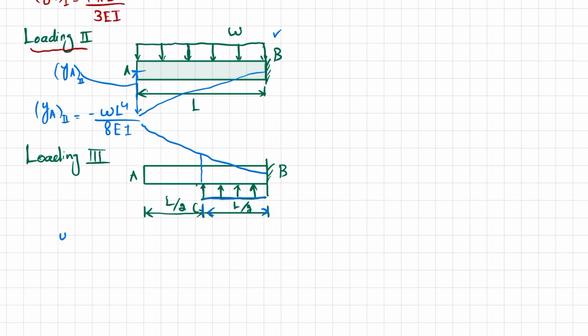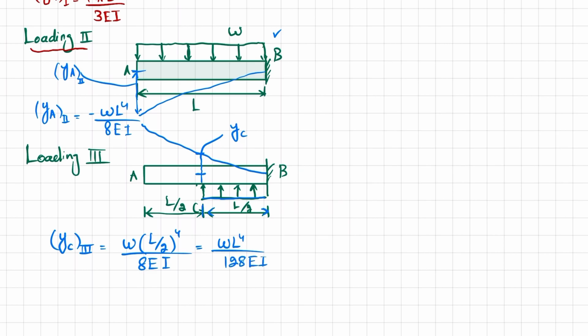So this will be the deflection at point C. So we will find this deflection YC for loading 3, and that will be equal to W into L by 2 to the power 4 over 8 EI, and that will be equal to WL^4 over 128 EI.